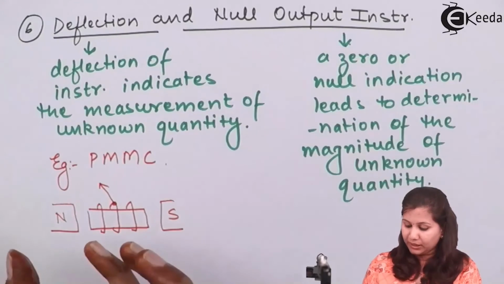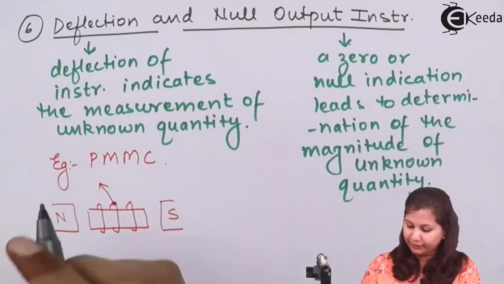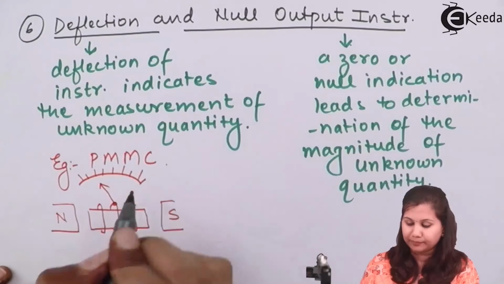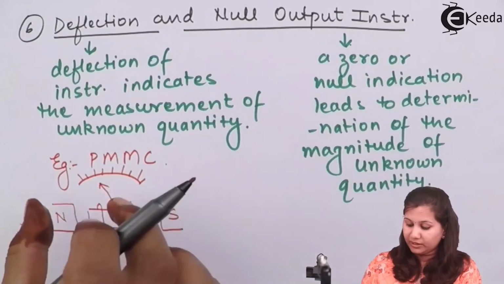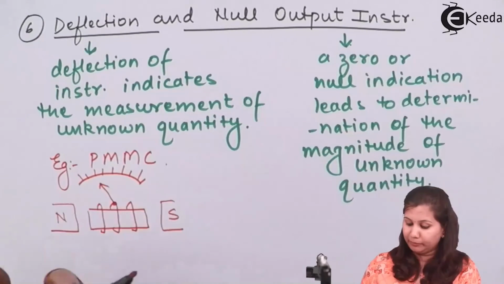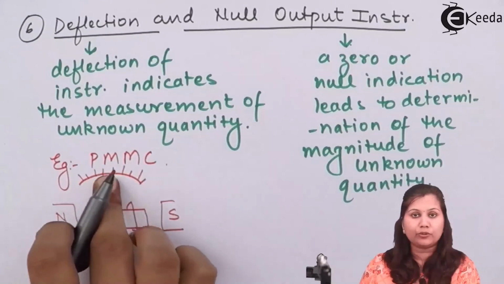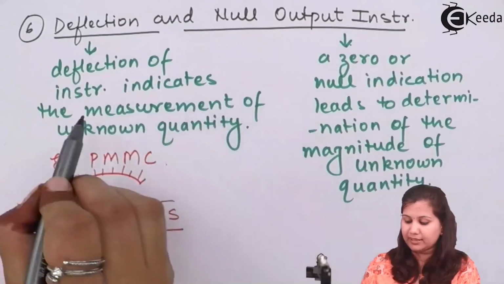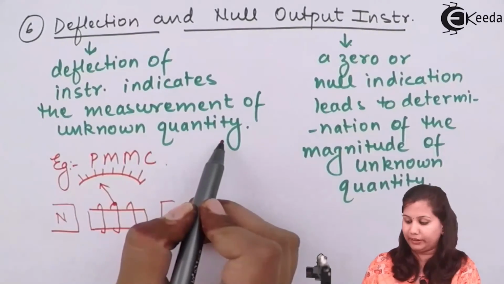When this coil moves in this magnetic field, the pointer is deflected over the scale. So we can read the value of the current by reading the values on the scale. Here deflection of the instrument indicates the measurement of the unknown quantity.